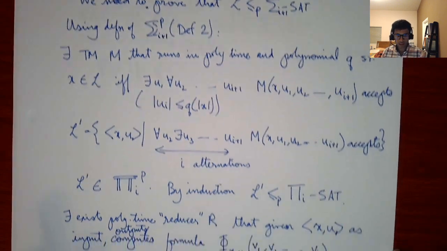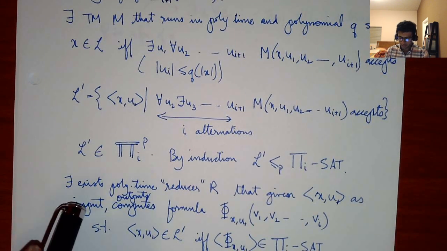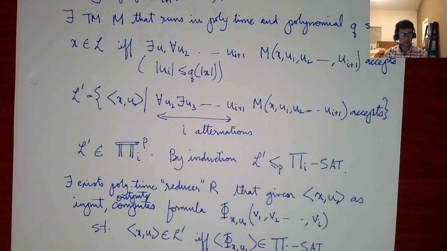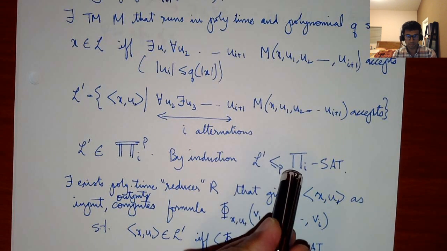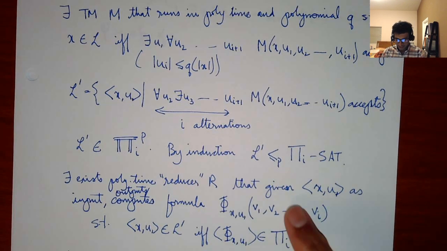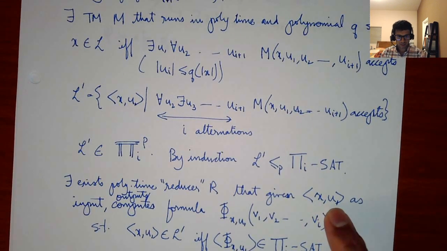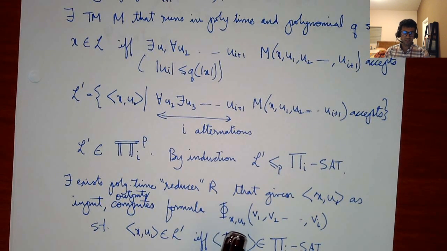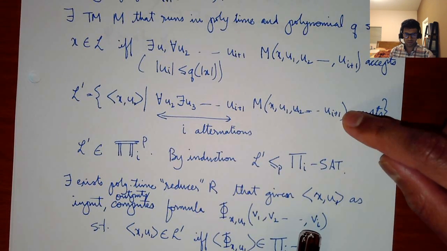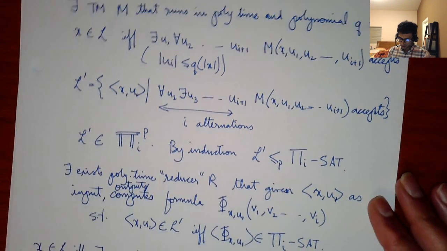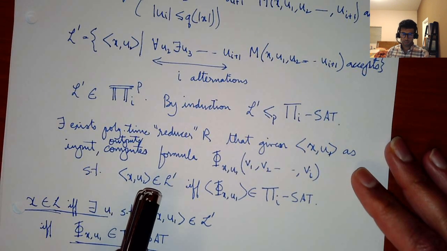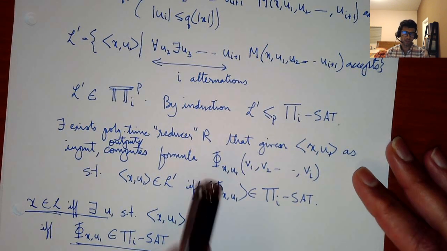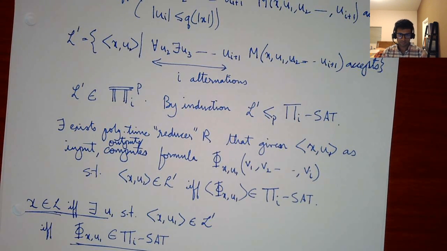Okay, now let's dig a little deeper into what that means. That means there exists a polynomial time reducer. This is the reduction given by induction, that given x, u1, which is in the language, as input, computes a formula phi x u1 which takes I inputs, such that x u1 is in L prime if and only if this formula is in pi I sat.